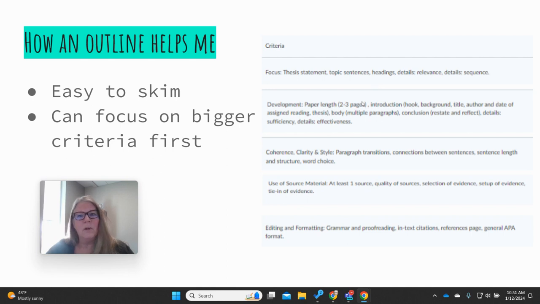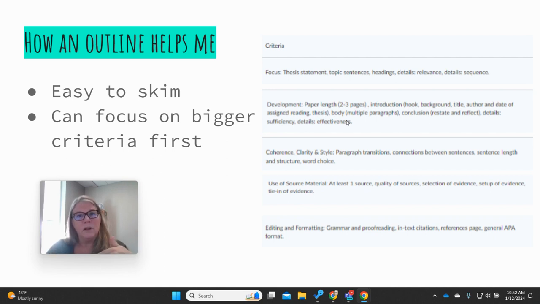The next thing that I will look at, if your focus looks okay in your outline, your paragraphs seem to be clear, unified, distinct from one another, if you're on the right track with that, then I would check development. Now, obviously, your outline is not going to be fully developed, but I can see if you have the potential to develop a full paper, right?